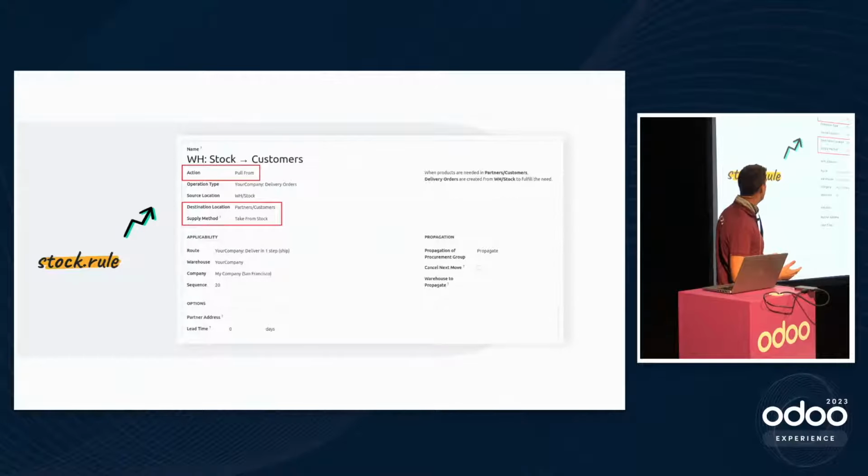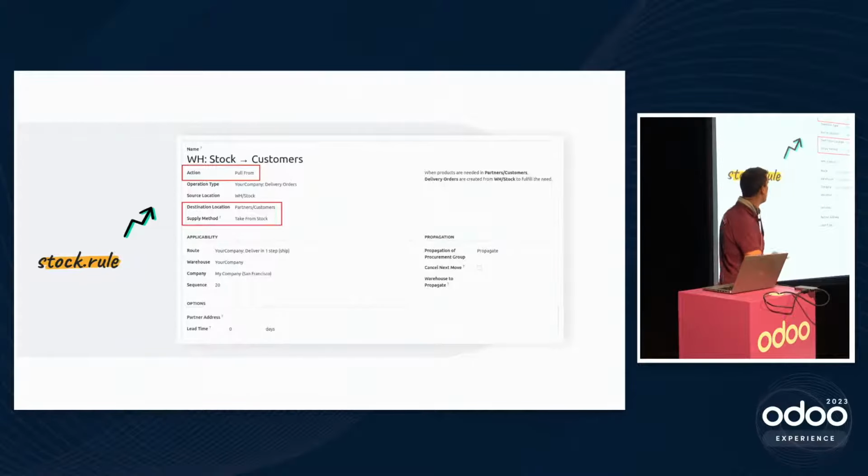Very easy. The destination location matches directly with the procurement. The procurement says, I have a need at this particular location, so I need to find a rule that brings the goods to this location. That's the destination location of the stock rule.